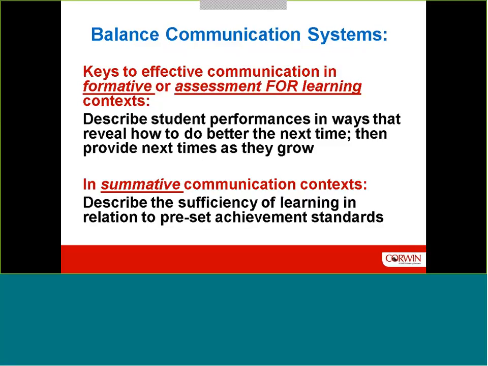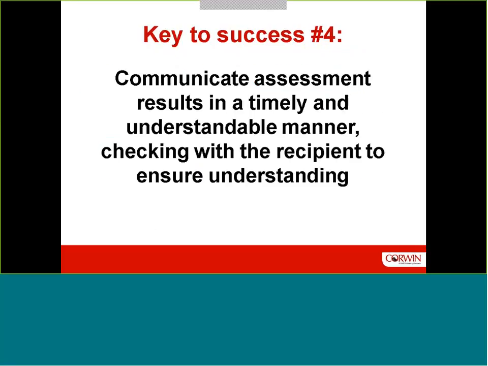Otherwise, they're useless communication. Because out of summative, we can also help instruction. In this case, then, very simple key to success number 4 is communicate assessment results in a timely, understandable manner, checking with the recipient to ensure that they understood it. When was the last time we did that with annual test scores?